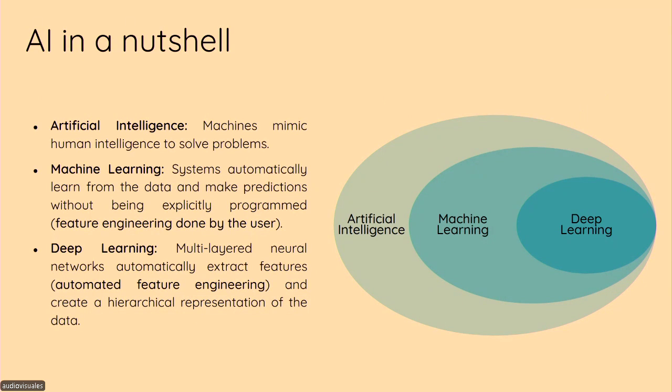And now let me briefly introduce the techniques that we use to study these objects from the data that I just introduced. What you have in this slide are the three main terms of the artificial intelligence paradigm. First we have artificial intelligence, which is a field that studies machines that mimic human intelligence to solve problems. Then we have machine learning, which is a subset of artificial intelligence in which systems automatically learn from the data and make predictions on new data without being explicitly programmed to.